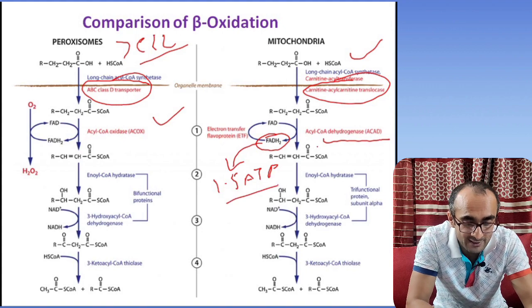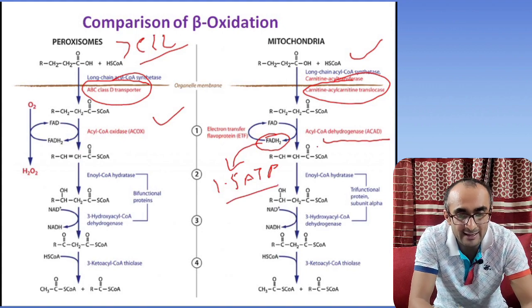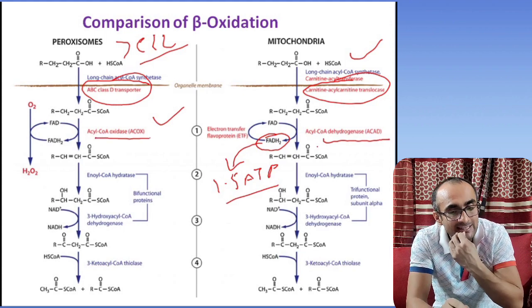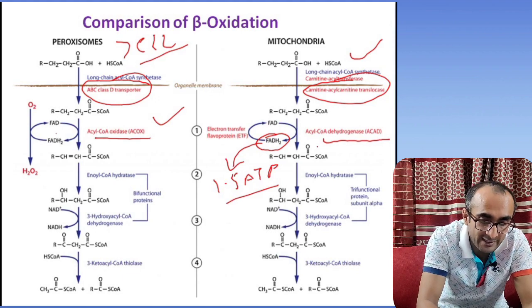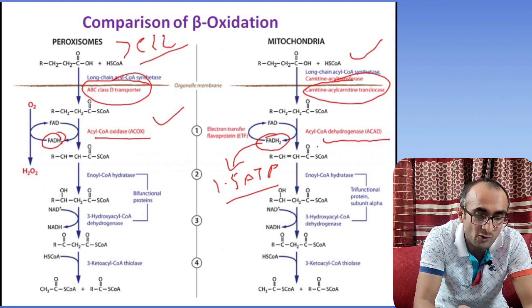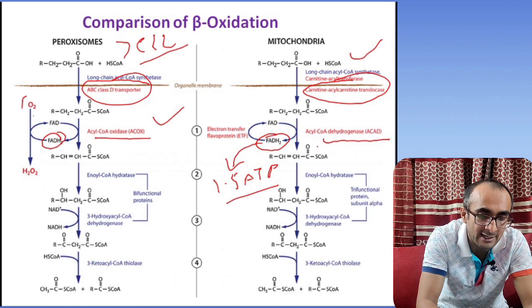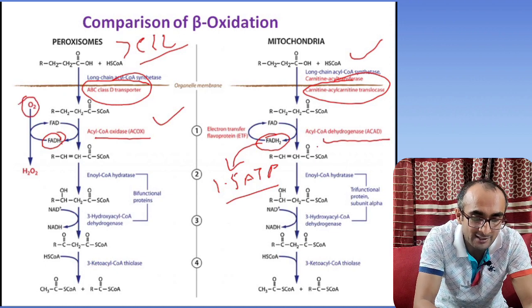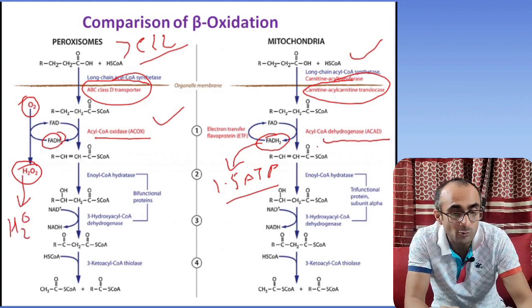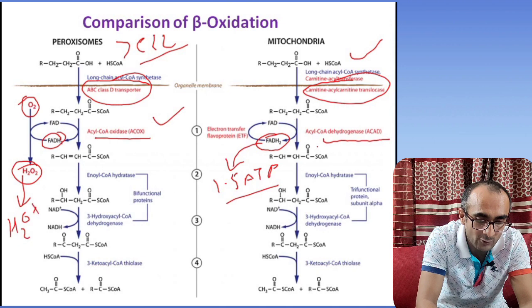But in peroxisome, this reaction is catalyzed by acyl coenzyme A oxidase, ACOX, and this also produces FADH2, but this FADH2 is oxidized back by oxygen. Here oxygen acts as an acceptor in peroxisome, accepting protons from FADH2 and forming H2O2, hydrogen peroxide, which is very oxidizing in nature. Immediately after H2O2 is formed, it is converted into water and oxygen by an enzyme called catalase in the cell.